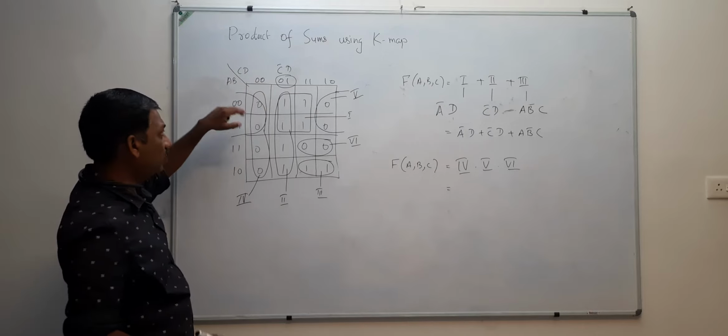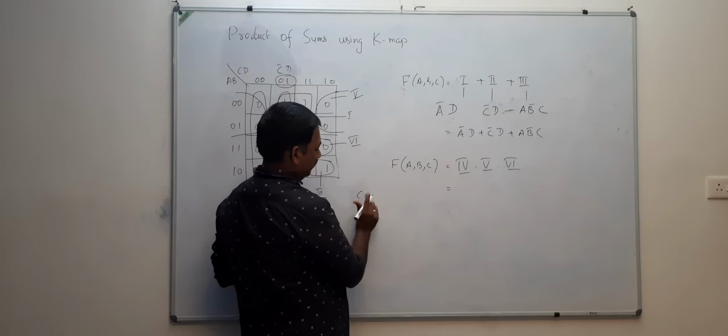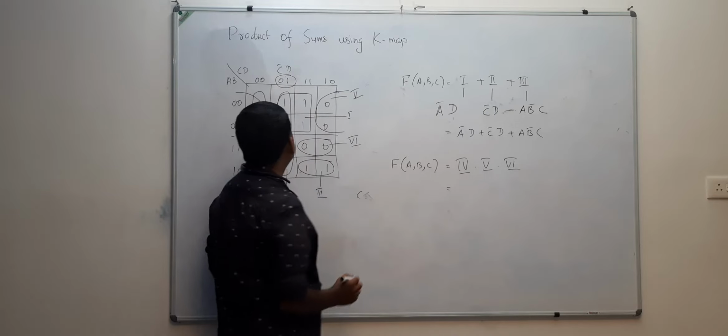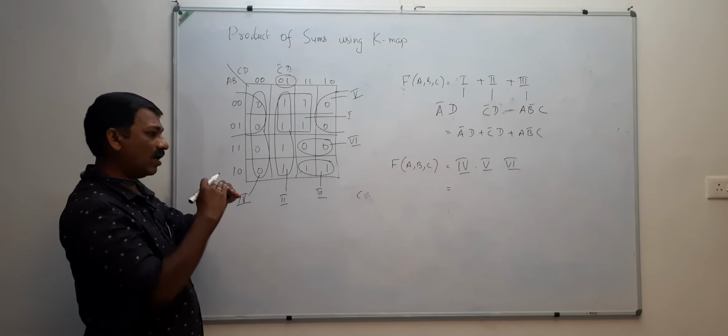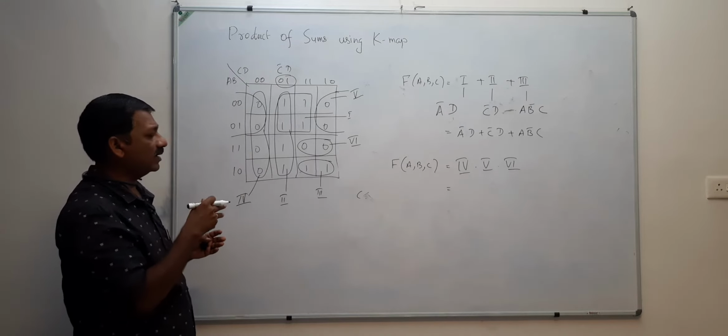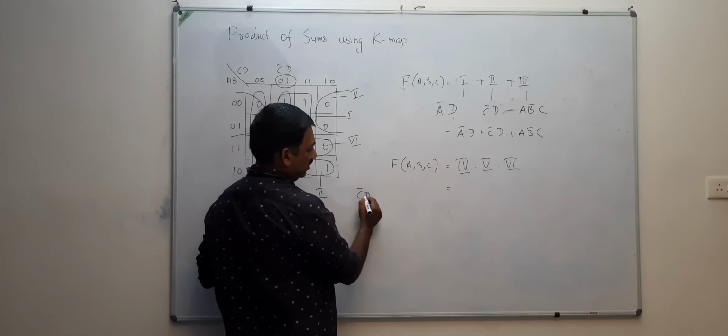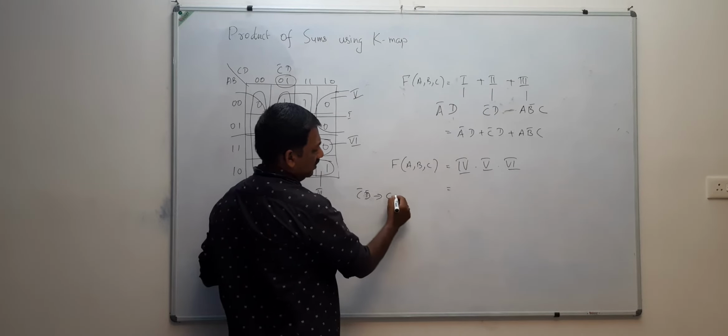You have to take the dual of that. That means you have to complement the C bar D bar to C D, and in between, instead of multiplication, you have to include addition. That means here C bar D bar changes to C plus D.